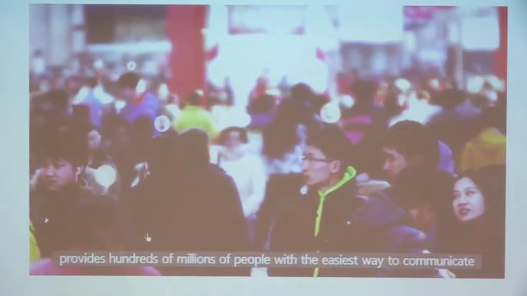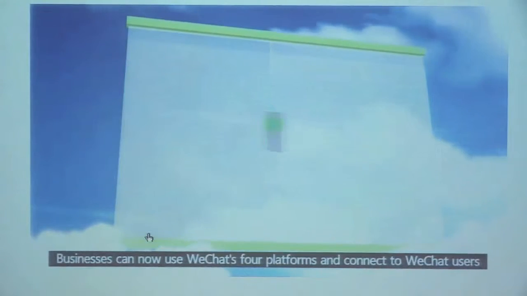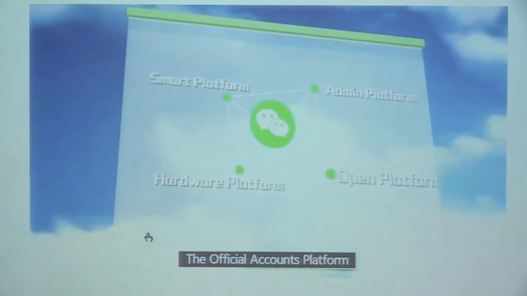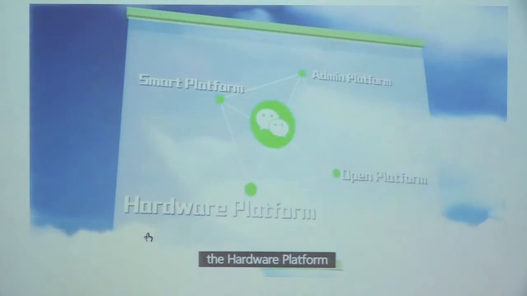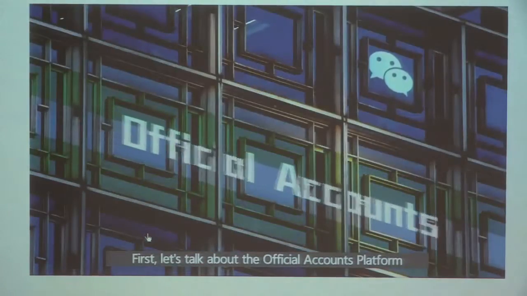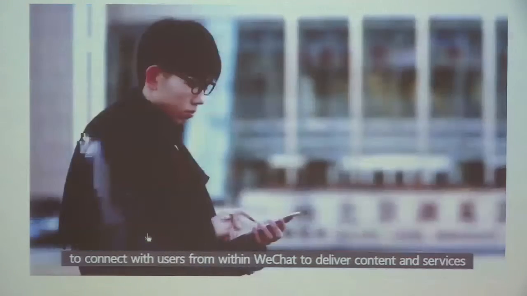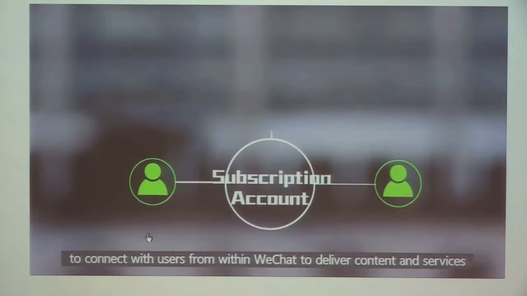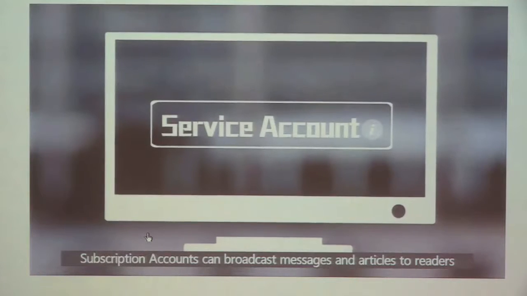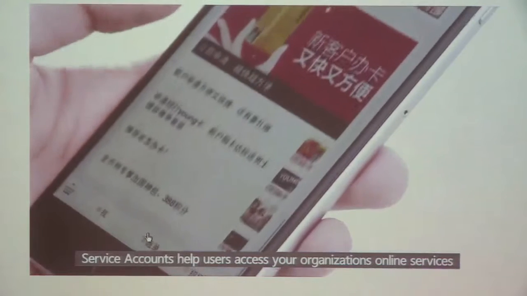Provides hundreds of millions of people with the easiest way to communicate. Businesses can now use WeChat's 4 platforms and connect to WeChat users: the official accounts platform, the open platform, the hardware platform, and the smart platform. First, let's talk about the official accounts platform. Use the official accounts platform to connect with users from within WeChat to deliver content and services. Subscription accounts can broadcast messages and articles to readers. Service accounts help users access your organization's online services.